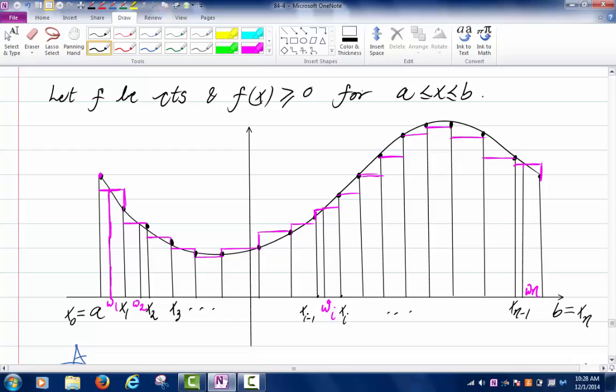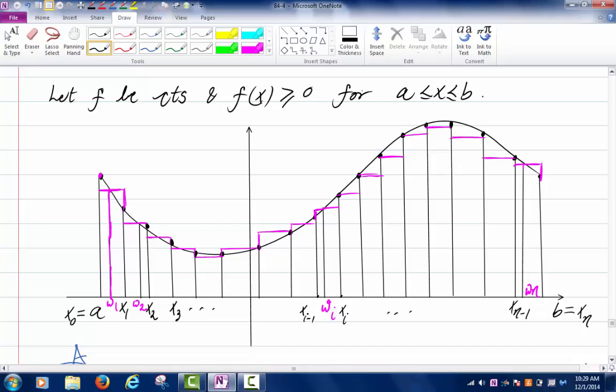And I am picking a partition, x0, x1, x2. It's an arbitrary partition with size n and whatever the mesh is, right? So it's just an arbitrary partition of the interval from a to b. And then I want to see what the Riemann sum represents geometrically.